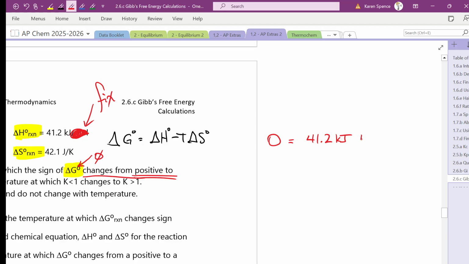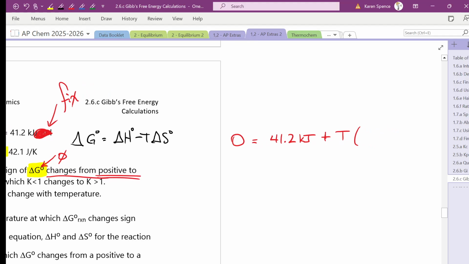And then we're going to add T delta S. So are we happy with what I've got there?